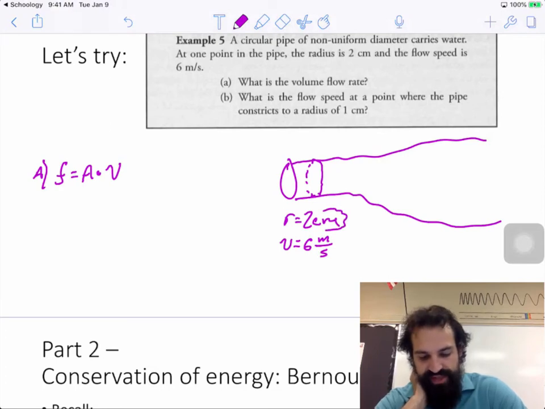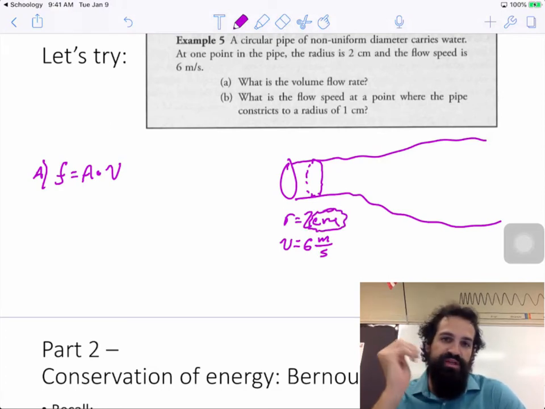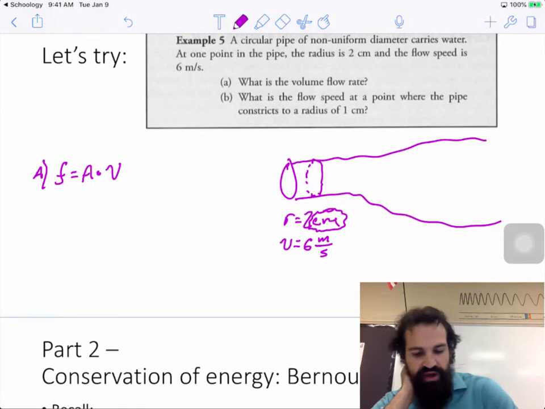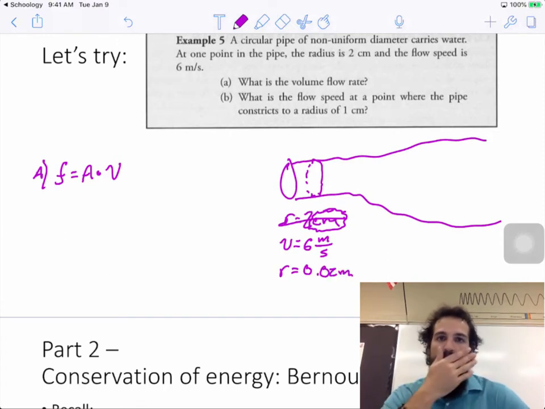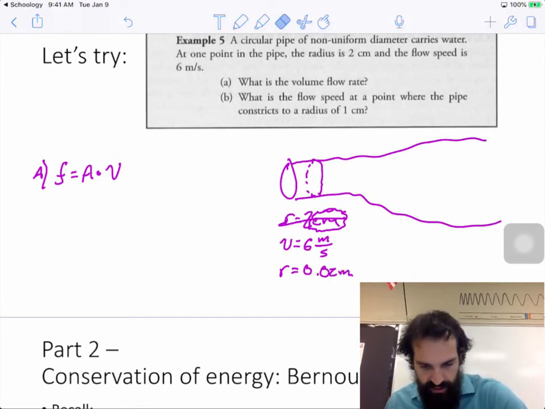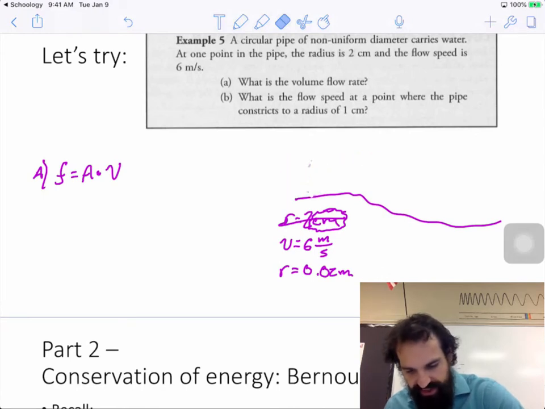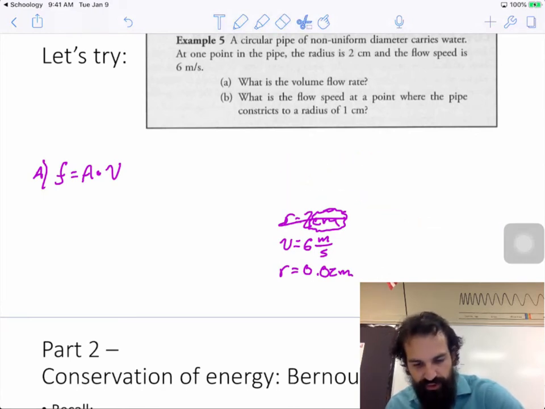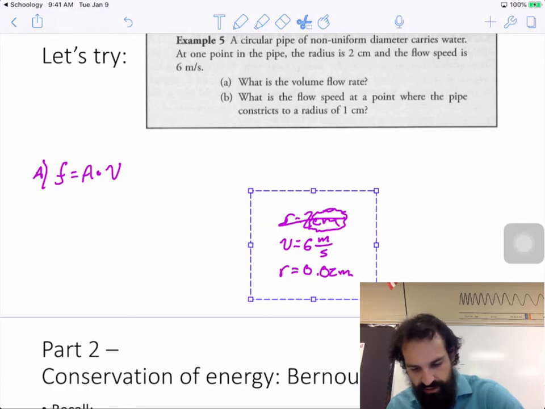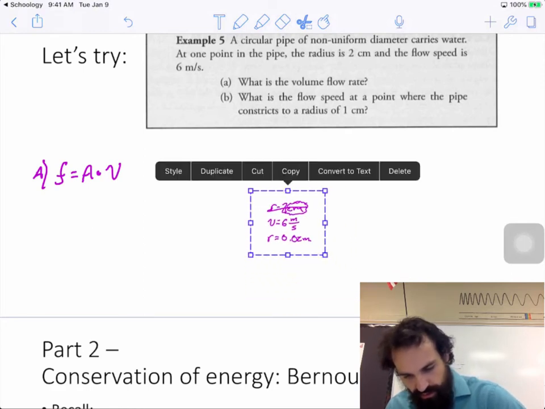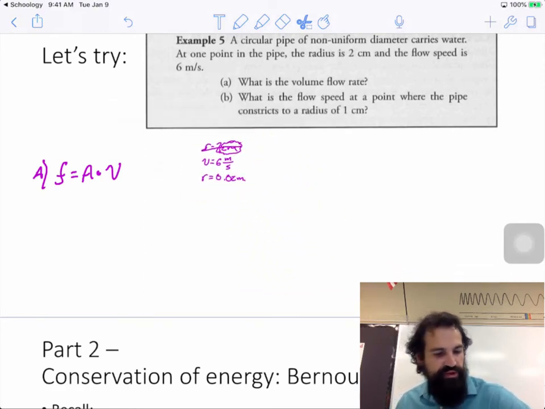Again, we can't be in centimeters, so to get from centimeters to meters, we have to divide by 100. So instead of 2 centimeters, we're going to have a radius equal to 0.02 meters. And I'm actually going to erase this so that I have enough room to work through this problem with you guys. So I'm going to move that note over there.